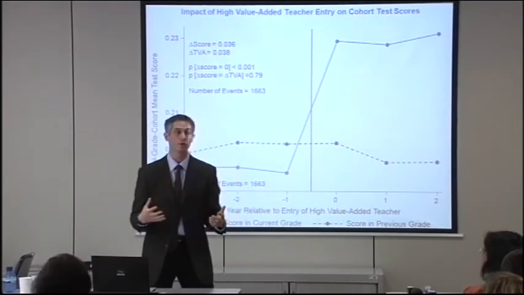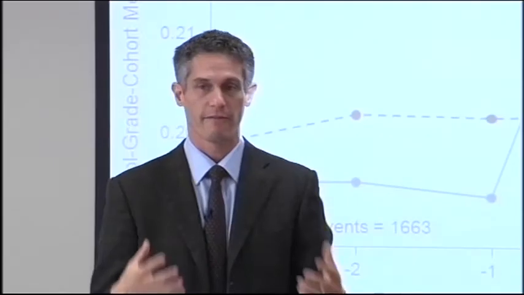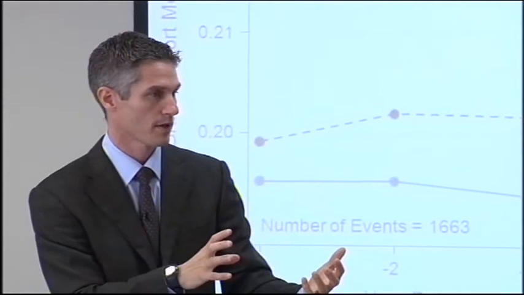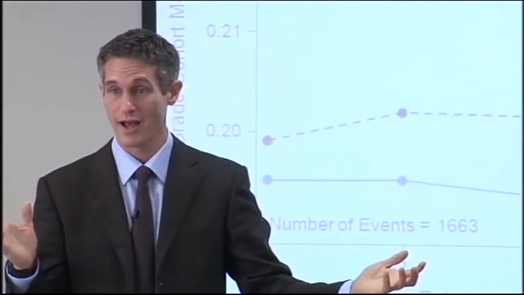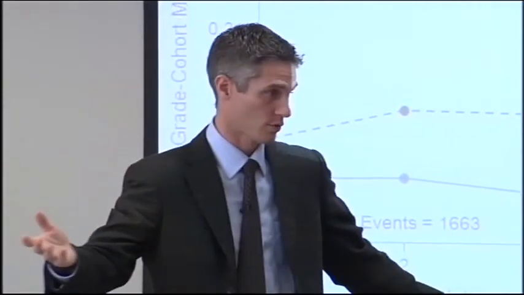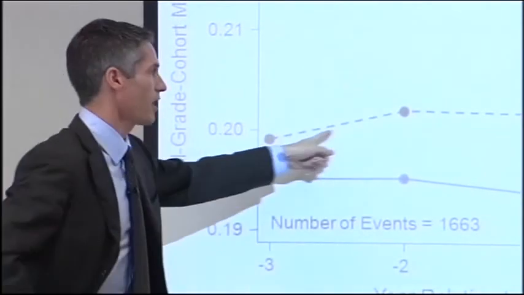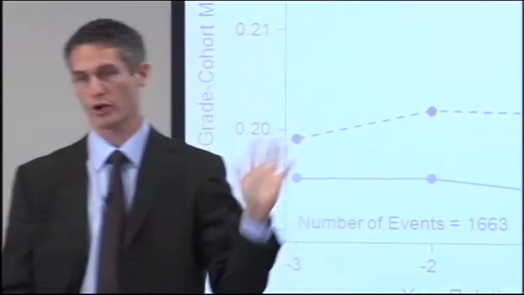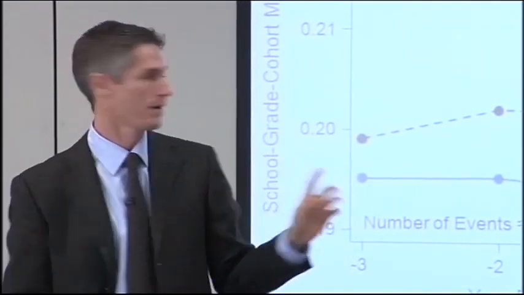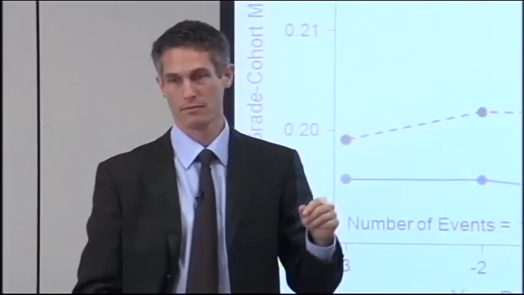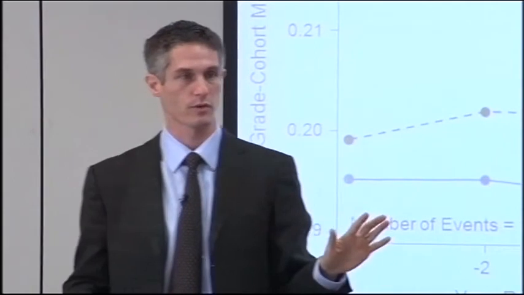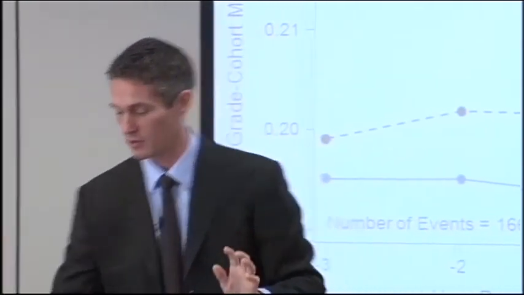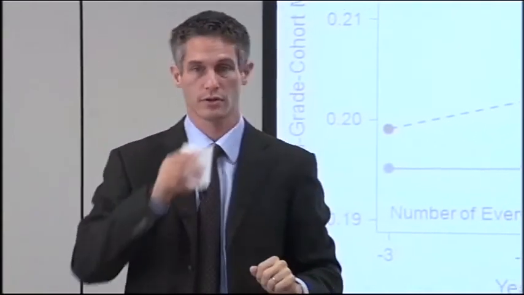If that was true, then 5th grade, let's say the grade where she teaches, shouldn't be the only one where test scores rise. They should have gone up everywhere in the school. Well, this dotted line shows test scores in the grade directly below the one the great teacher went to teach in. Nothing happening. Nothing happens in that earlier grade. Just in the grade she teaches in, that's where we see the increase in test scores.